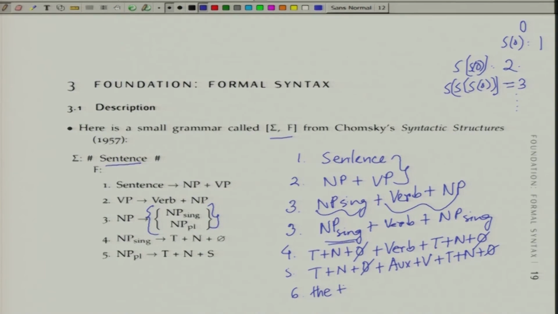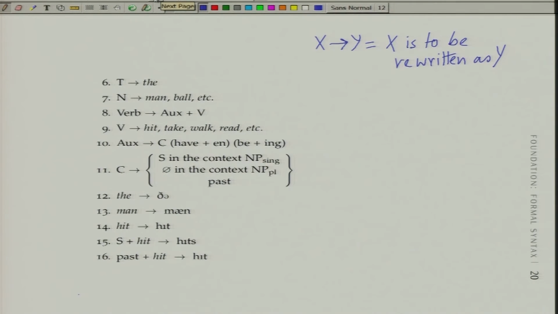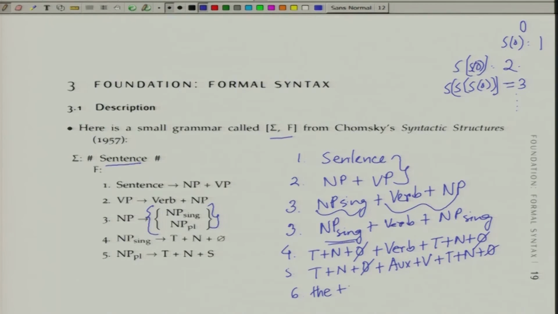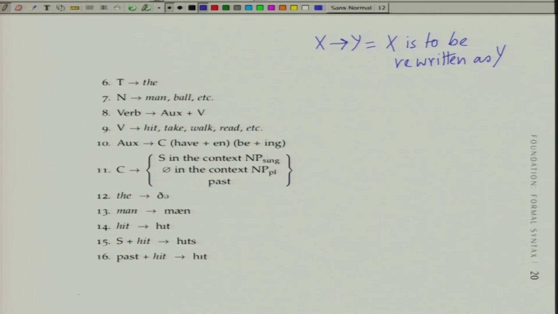And for noun, we have many options, man, ball, etc. We choose man. Aux is a very interesting thing here, the aux rule mainly. We'll notice here that aux goes to C, have plus N, B plus ing.